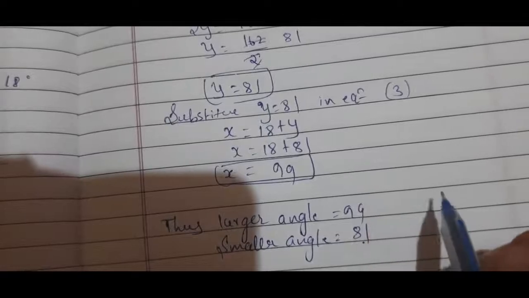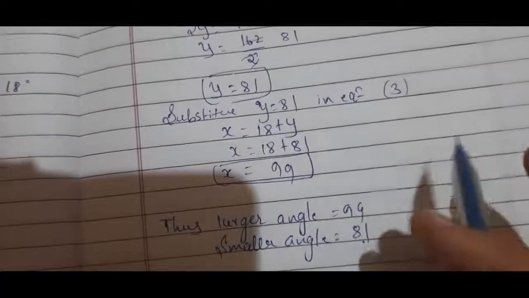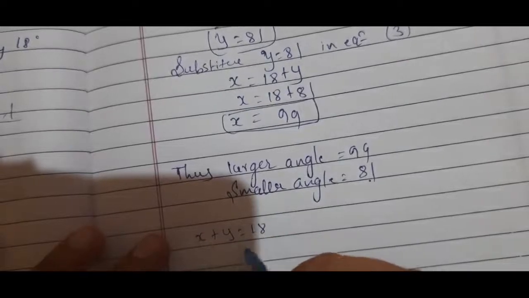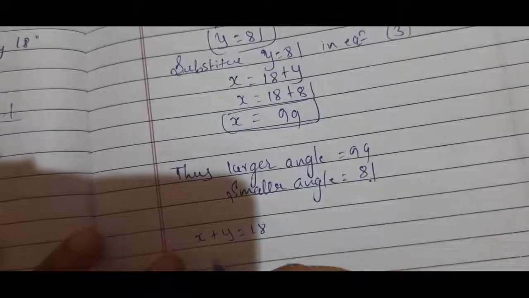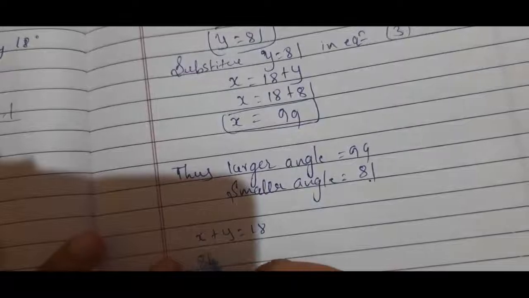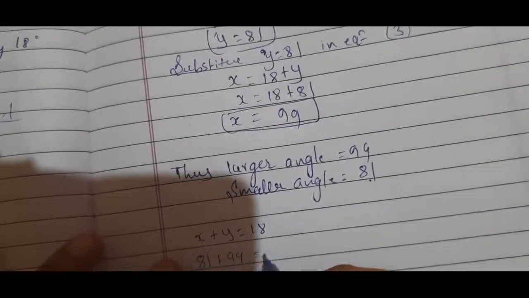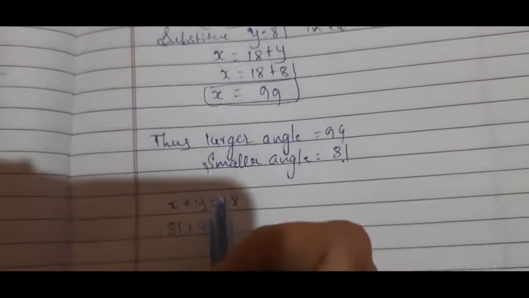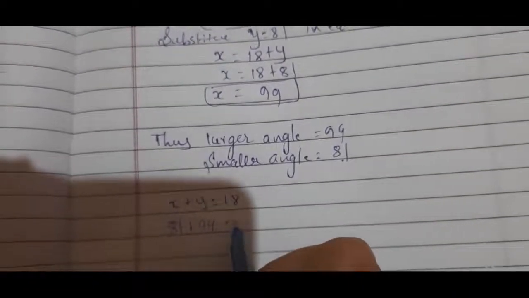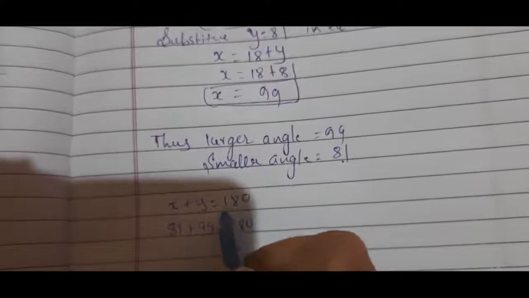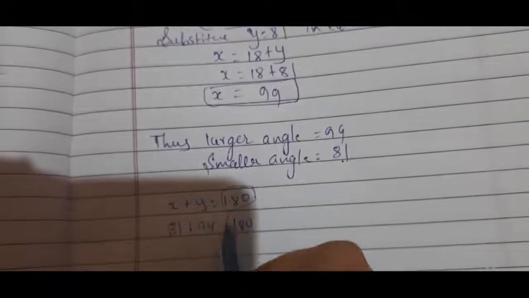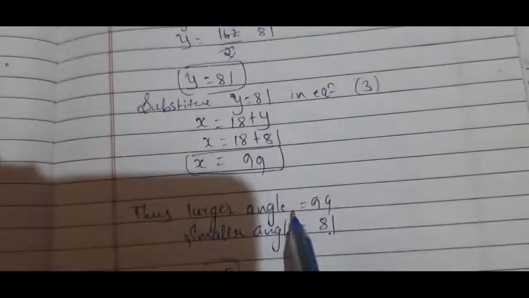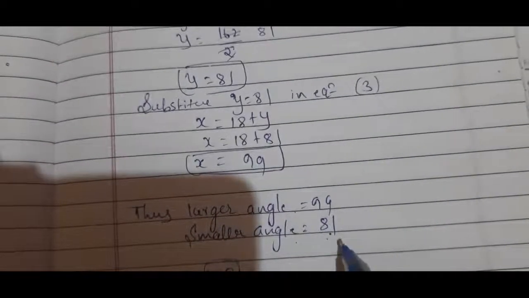In equation first, I will substitute x plus y equals 180. That is 81 plus 99 equals 180 degrees. Here the LHS and RHS are equal to each other. So the values of the larger angle and smaller angle are right.